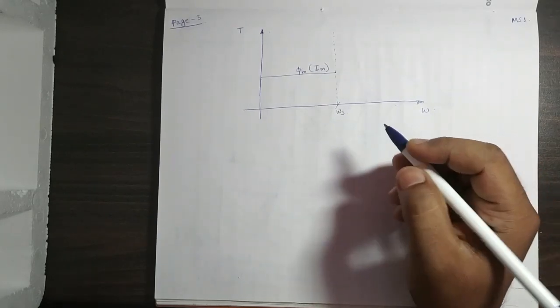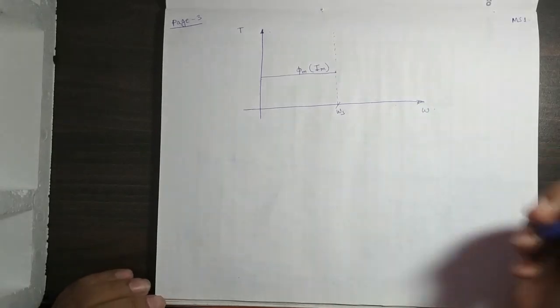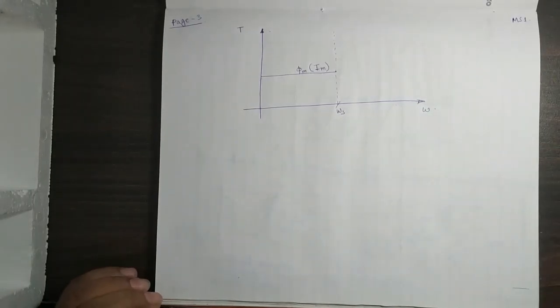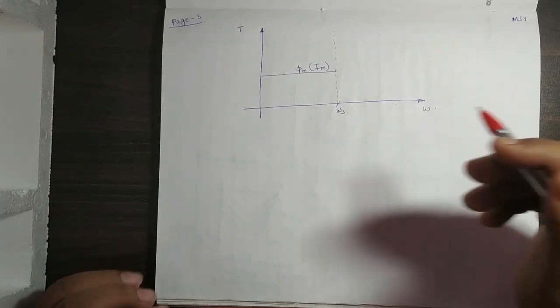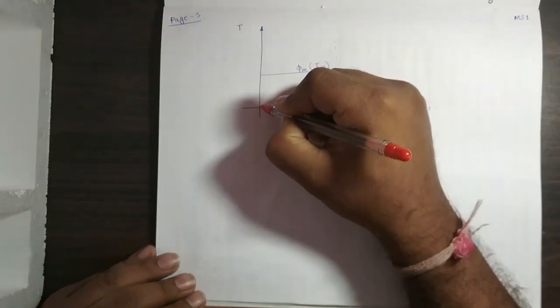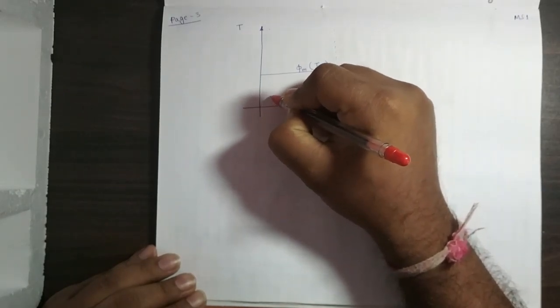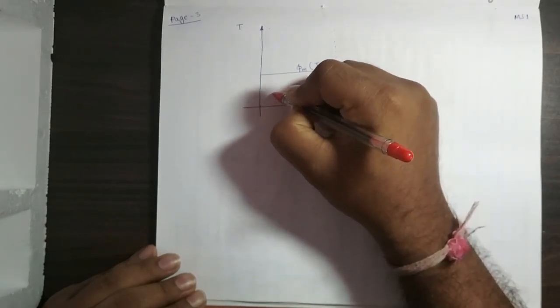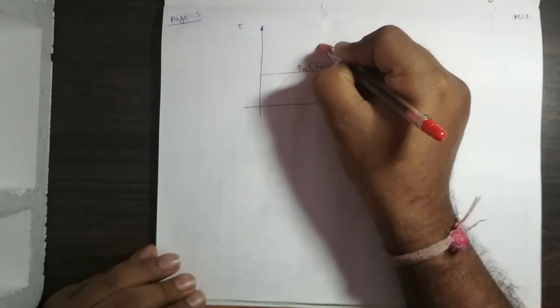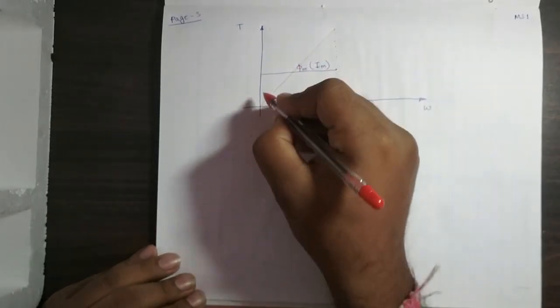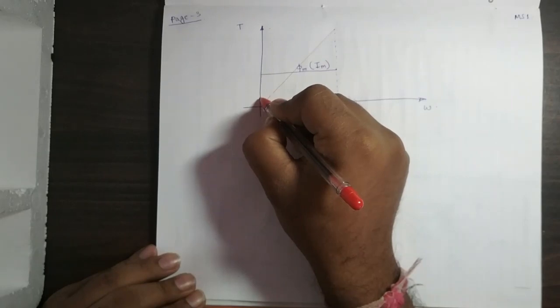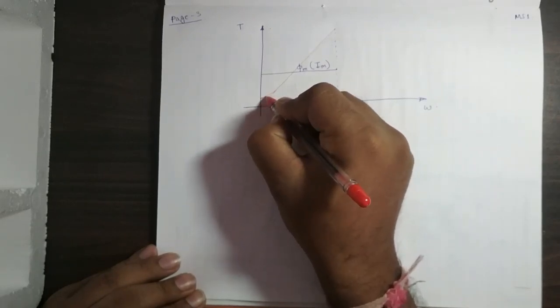Next, we will be talking of some voltage, V, the stator voltage. So the stator voltage should come from here. But in the actual case, it starts above the zero line.